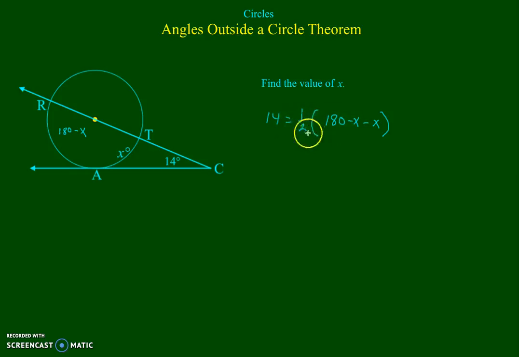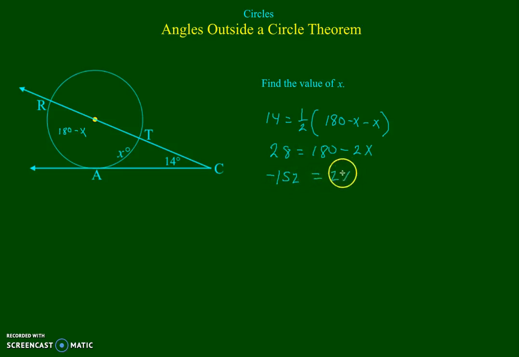I'm going to multiply both sides by 2 to get rid of this 1/2. So we have 28 equals 180 minus x minus x, which is minus 2x. So we can just combine those together. Now I'm going to subtract 180 from both sides. And 28 minus 180 is negative 152.